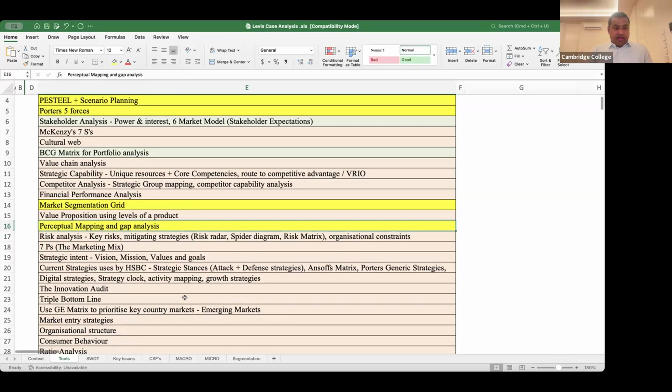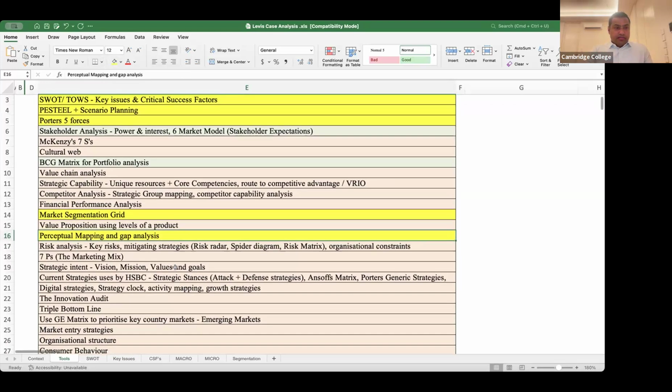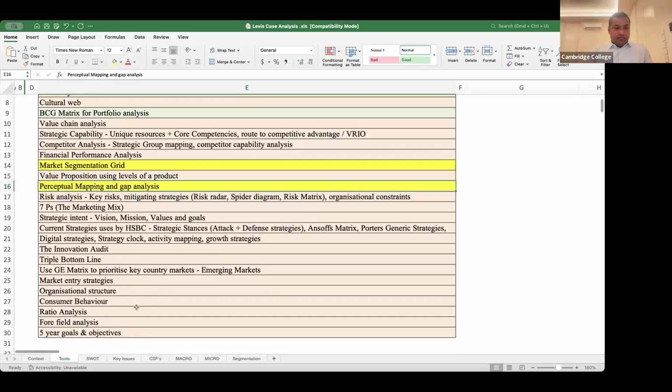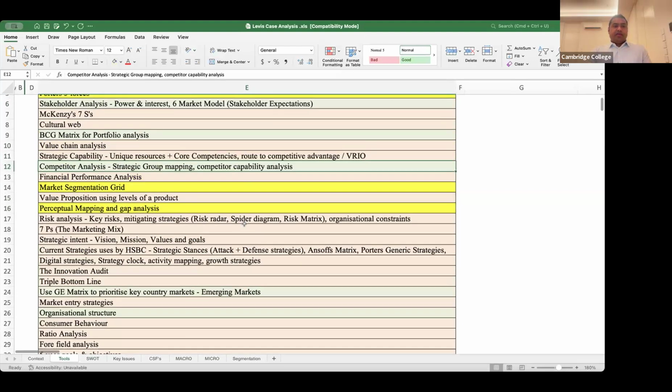And today we'll try and look through some of these areas, including the organization structure today, right? We'll look at the GE matrix today. And then, if we have time, let's try to look at the competitor analysis today.